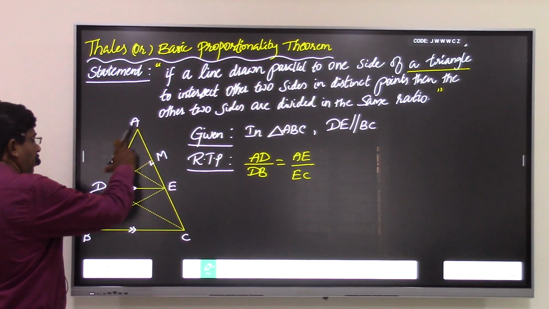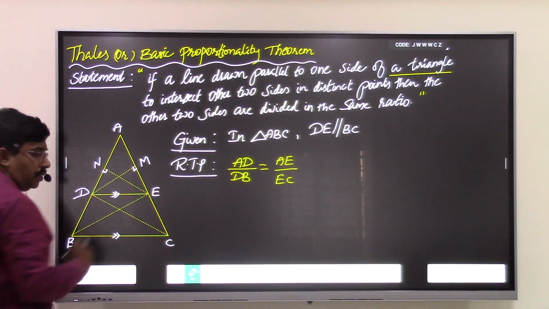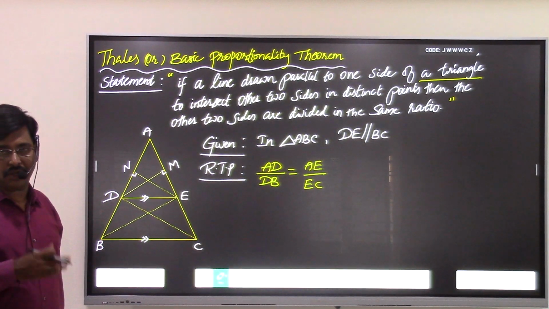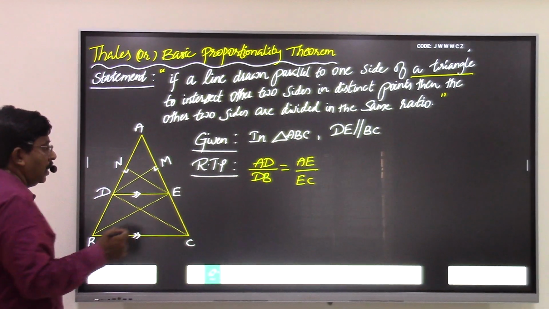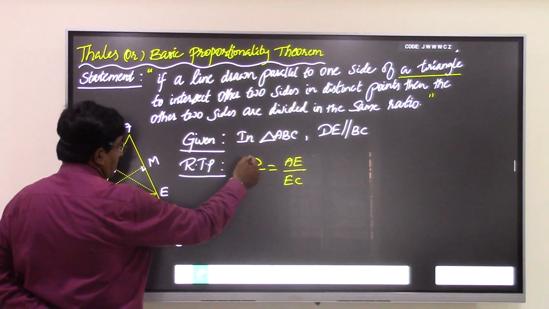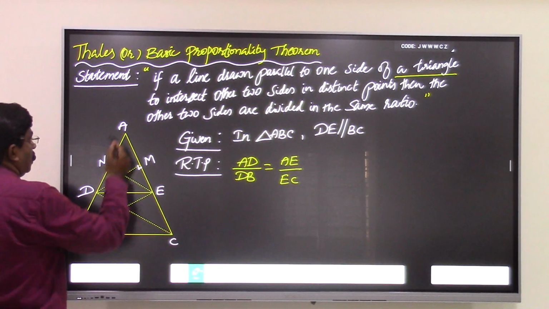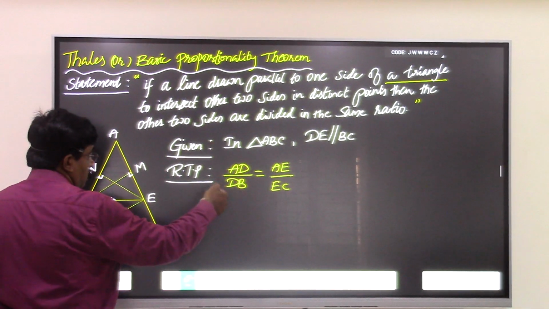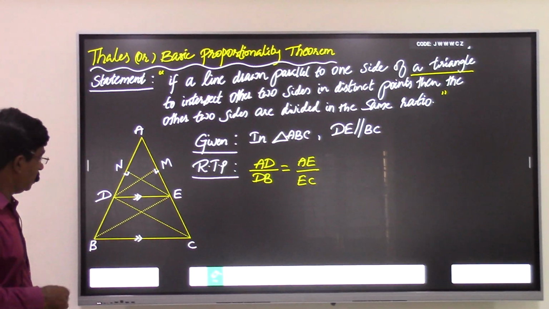So, if you want to prove AD by DB is equal to AE by EC by using the similarity or the congruence of triangles, let AD be the side of one triangle. We can see that AD is a side of triangle ADE. And DB also must be the side of another triangle.